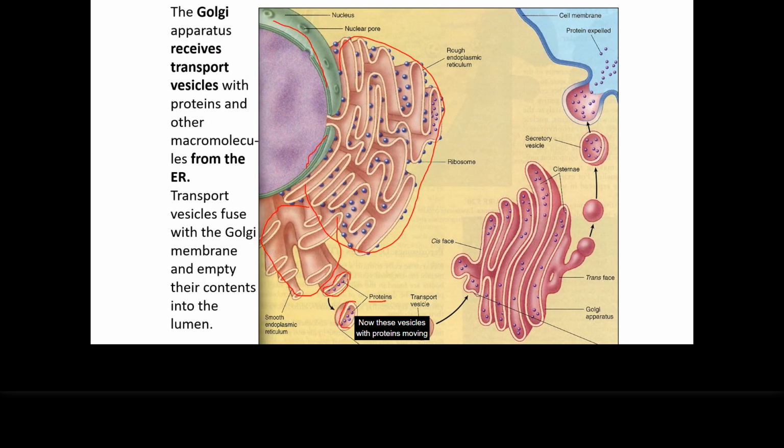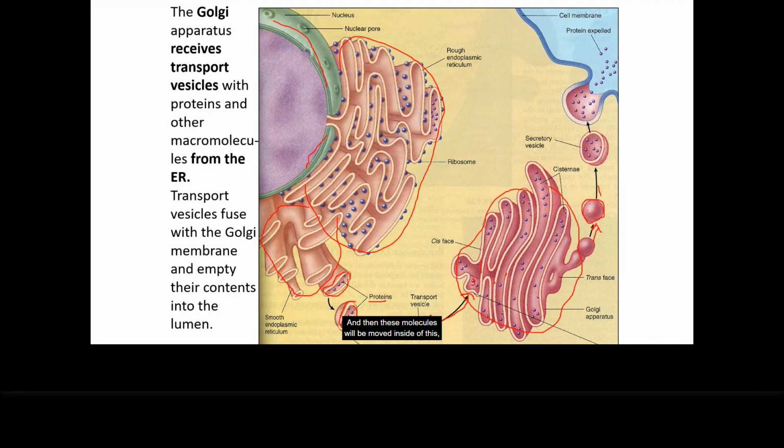Now these vesicles with proteins move in transport vesicles and merge with the Golgi. Inside, they move through the Golgi cisternae and will be modified. In the end, new vesicles will be produced with these modified molecules.